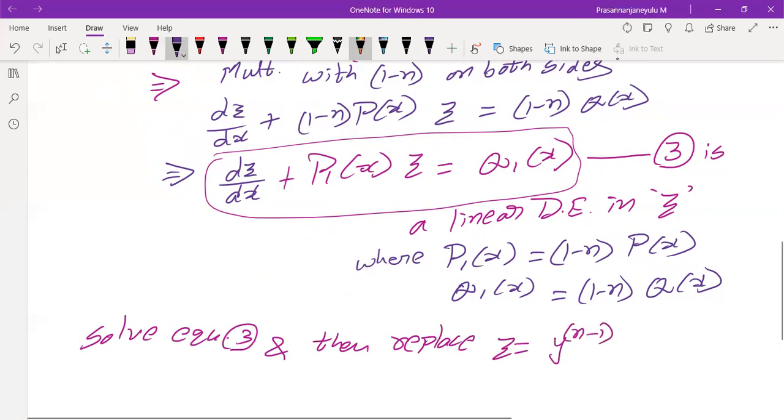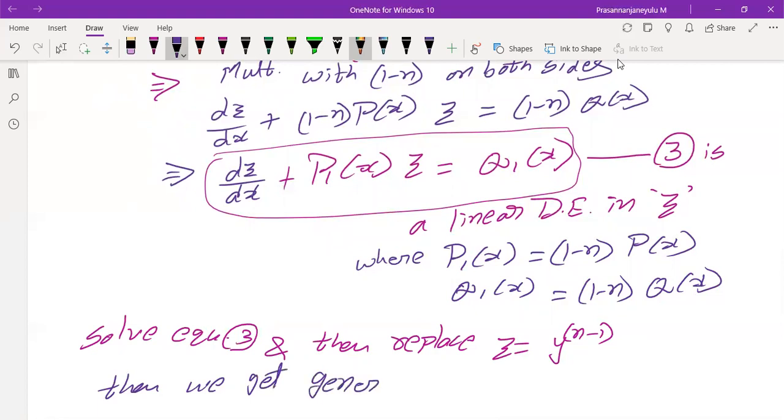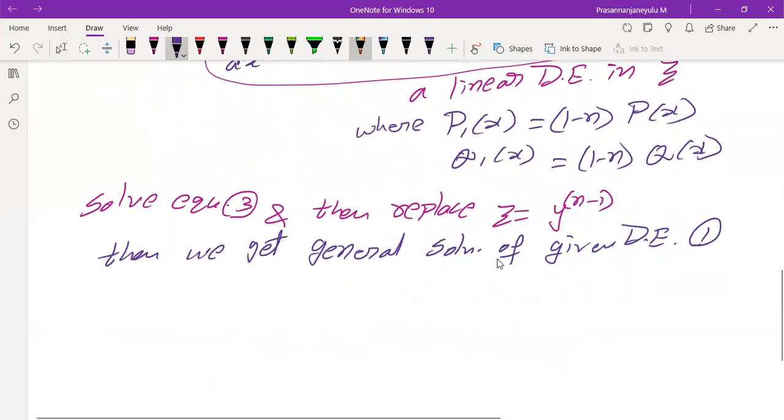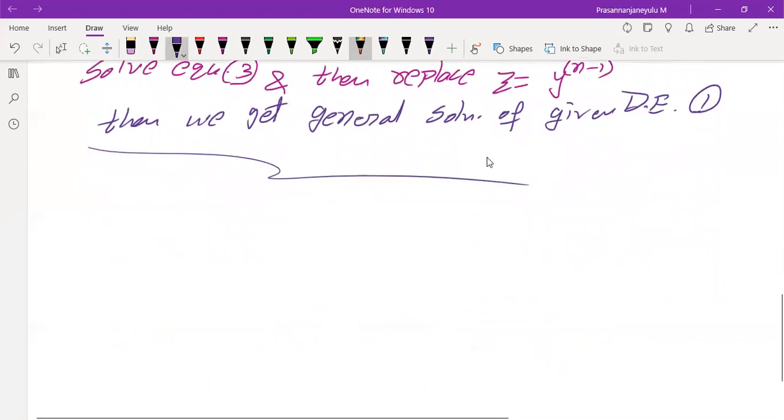Then we get the general solution of the given differential equation 1. So this is the procedure of Bernoulli's differential equation in terms of the y variable.